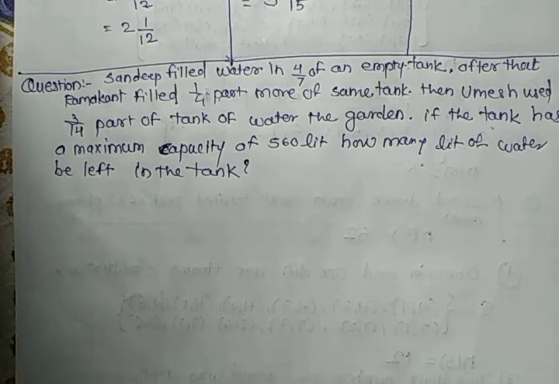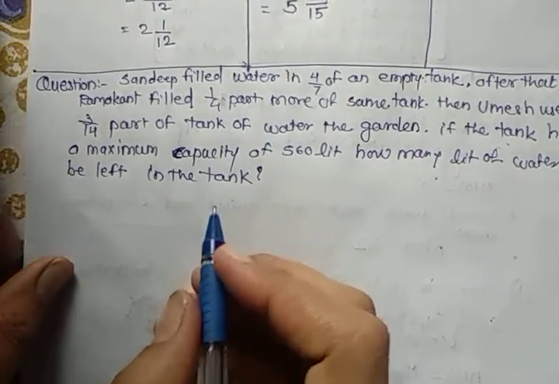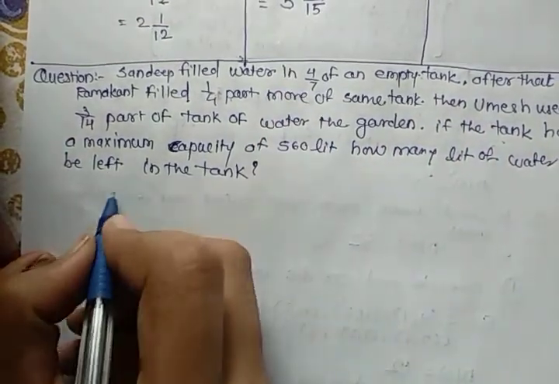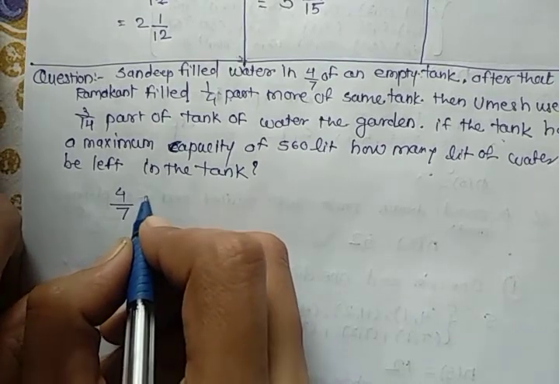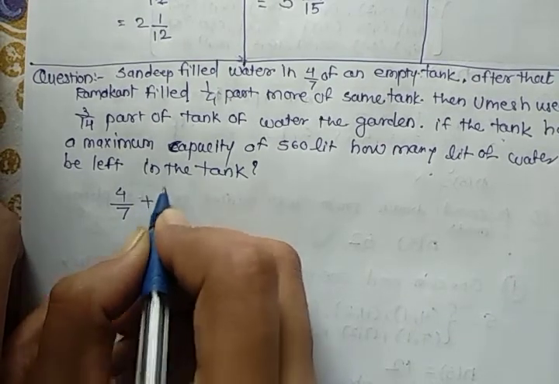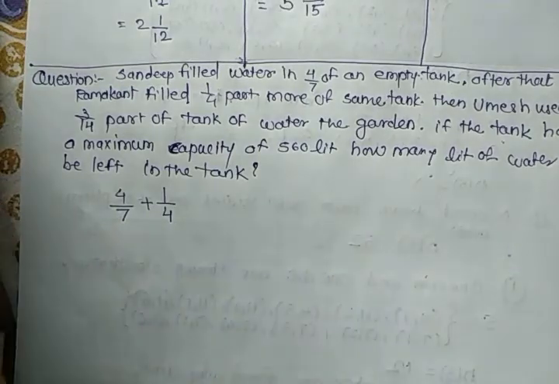If the tank's maximum capacity is 560 liters, how many liters of water will be left in the tank? First, Sandeep filled the water in 4 upon 7 in the empty tank. Then Ramakant added 1/4 part more to the same tank.